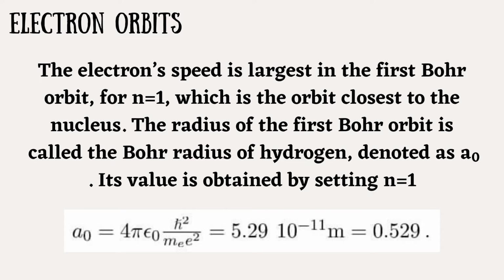The radius of the first Bohr orbit is called the Bohr radius of hydrogen, denoted as a sub 0. Its value is obtained by setting n equal to 1, where a sub 0 is equal to 4 pi epsilon 0 times h-bar squared over m_e e squared, which equals 5.29 times 10 raised to the minus 11 meters, or 0.529 angstroms.